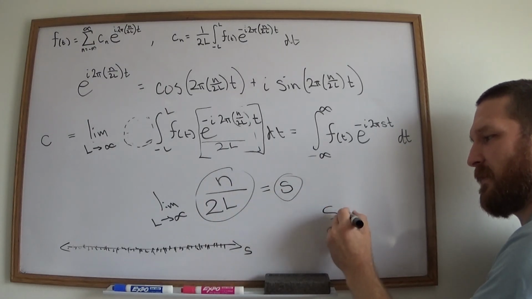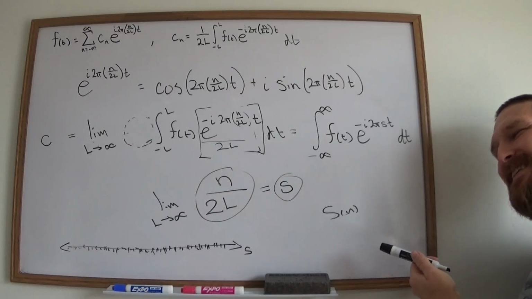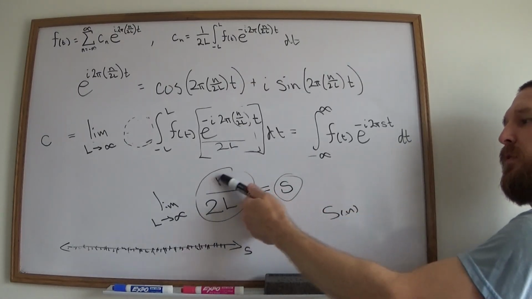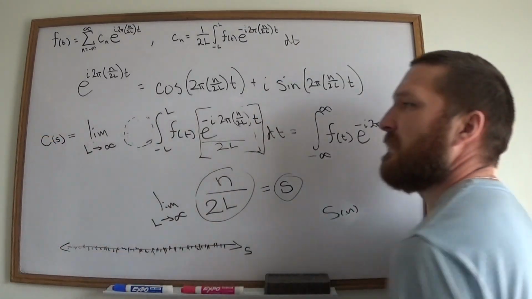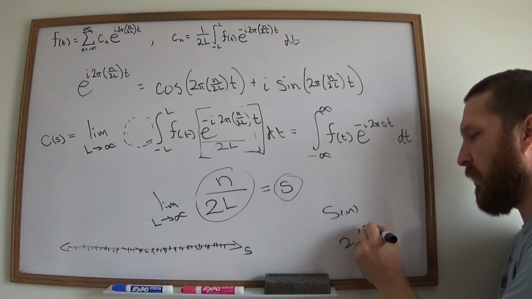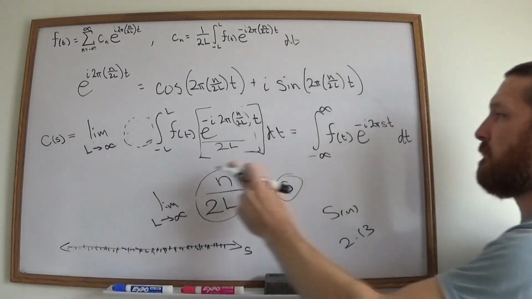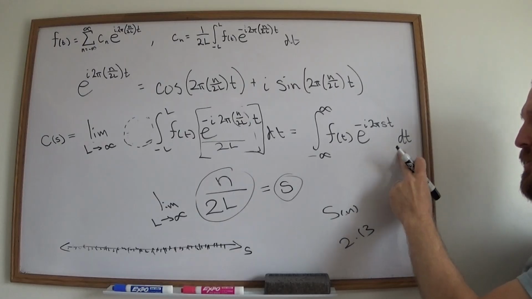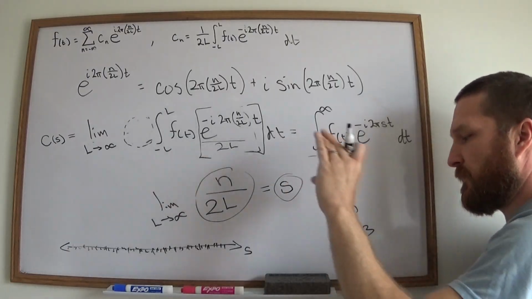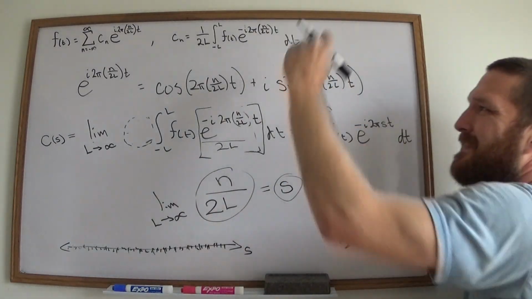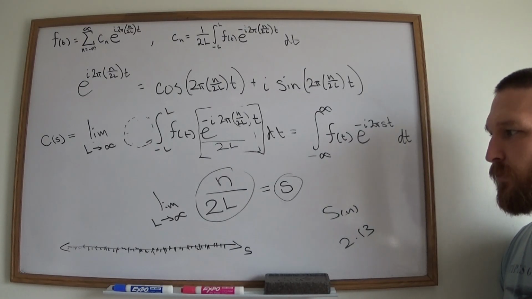The S is a function of n, or you could think of the n as a function of S. And so I'm going to think about this thing now, since we've rewritten this, as a function of S. C as a function of S, the frequency itself. You wanted 2.13 hertz. We could plug in a 2.13 right there, and what you'll get is the coefficient, the amount of 2.13 that's in this original signal. And this is an integral transform.